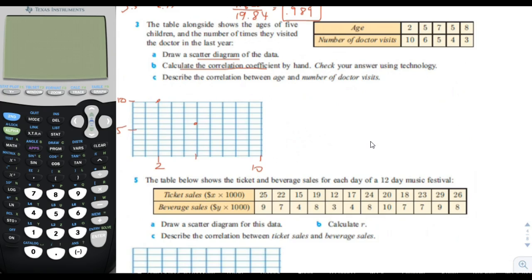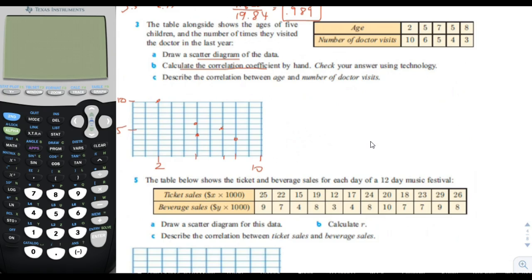There's 1. 7 comma 5. There it is. 5 comma 4. There it is. 8 comma 3. There it is. Okay. Does that look linear? Kind of. I mean, it's a line that's kind of going down.